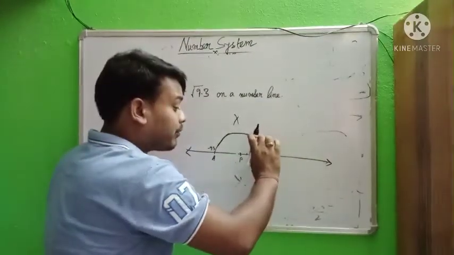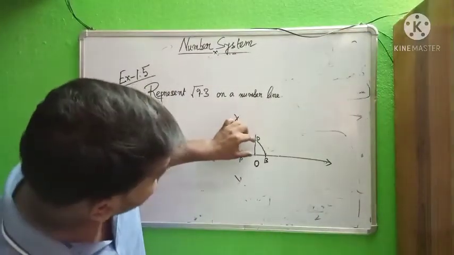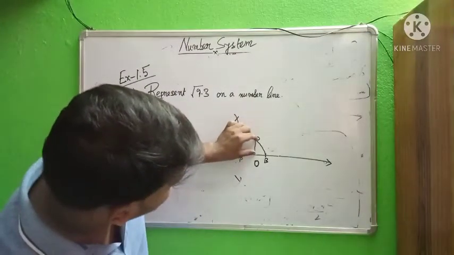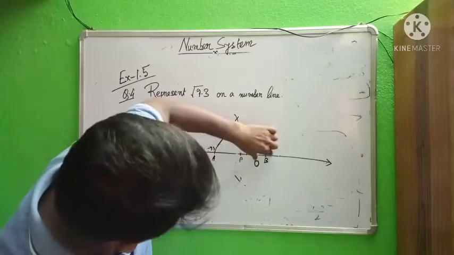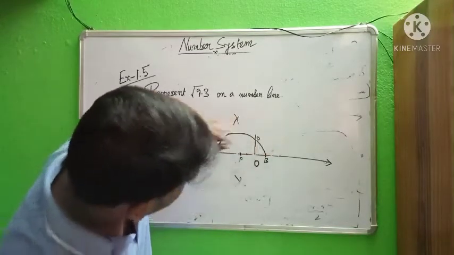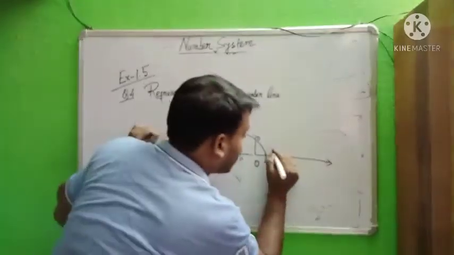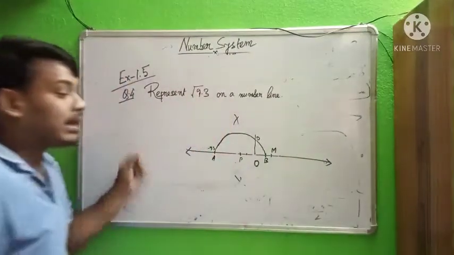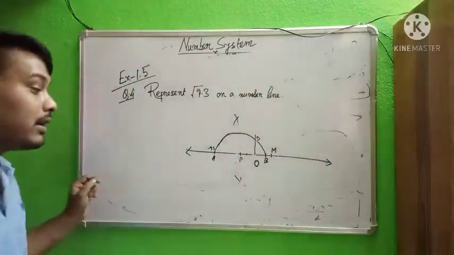If we put the compass here and take the value root over 9.3, and just take one arc, it will cut the number line at a point. Give it the name M. Then OM is the value of root over 9.3.